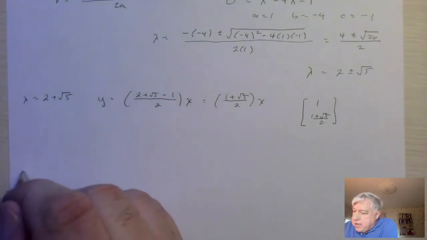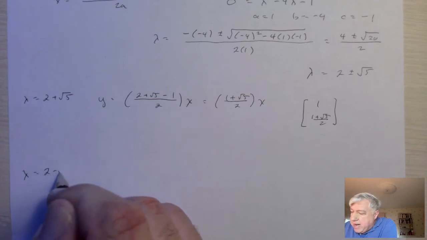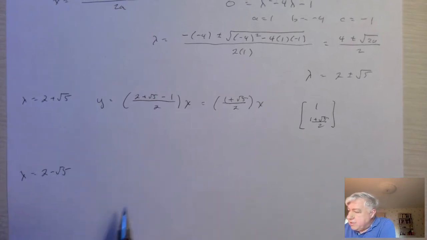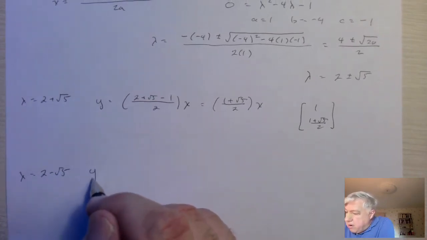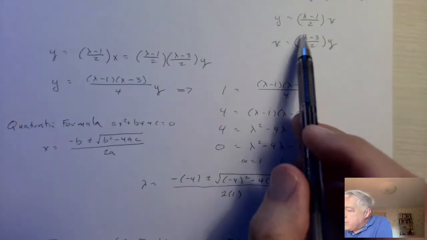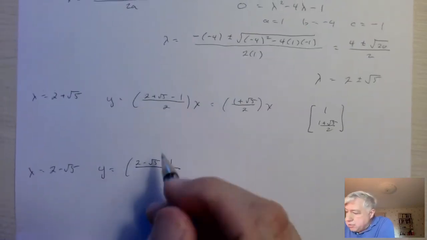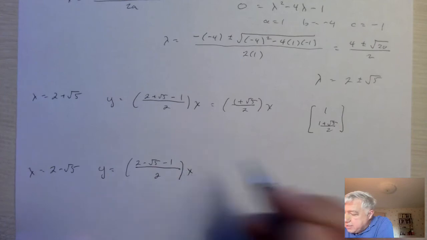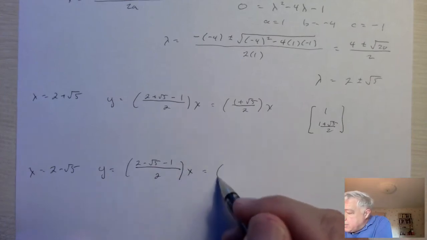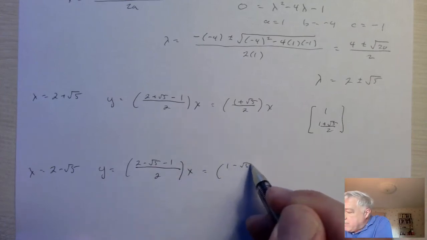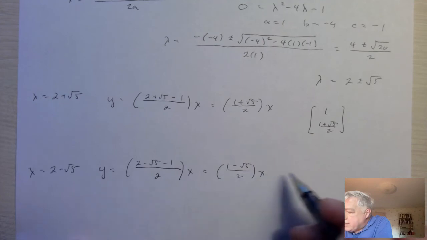Okay, if we do the other eigenvalue, 2 minus the square root of 5, do the same thing. y is going to be, once again, lambda minus 1 over 2. So this is 2 minus the square root of 5 minus 1 over 2 times x. This will be 1 minus the square root of 5 over 2 times x.